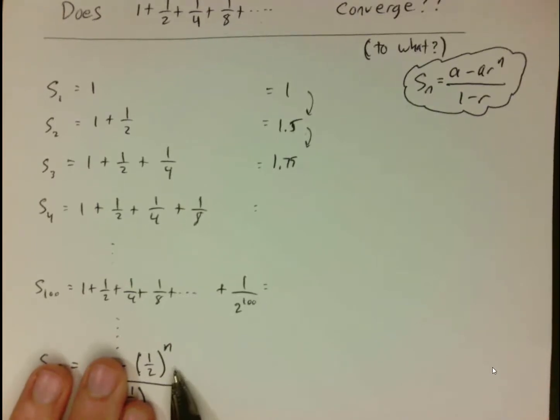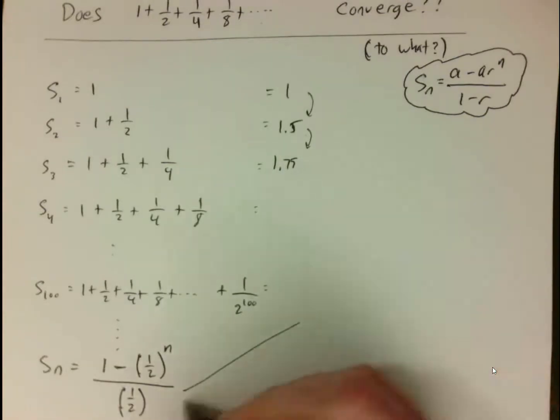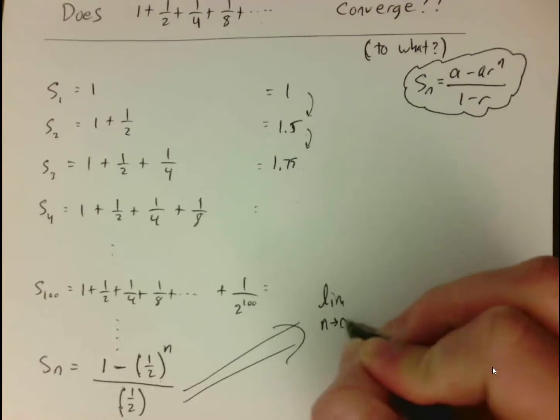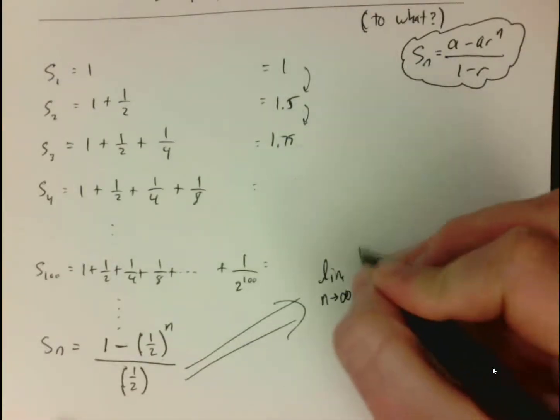You might think, well, whenever I have anything that's smaller than 1, if I multiply that by itself over and over and over again, that product is getting smaller and smaller and smaller. 1/4 is smaller than 1/2, 1/8 is smaller than 1/4. So this part of the equation seems like it's going to approach 0. So our question is, what's happening as n is approaching infinity for this partial sum?